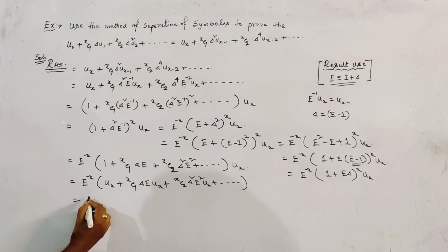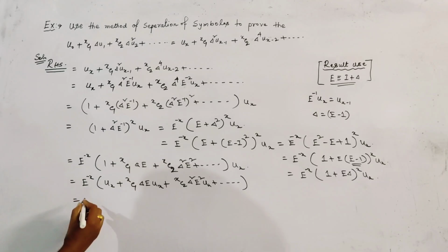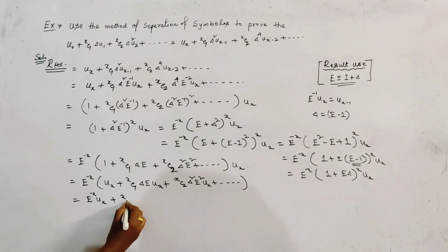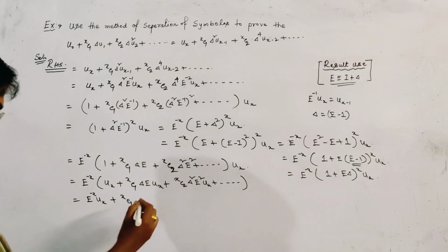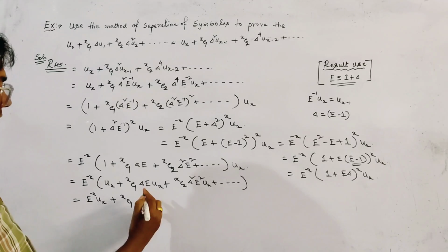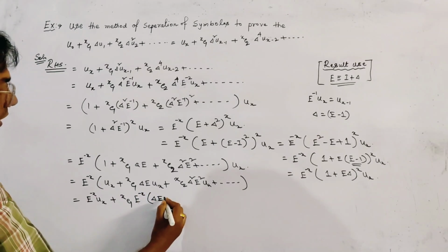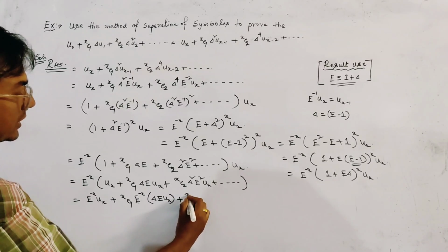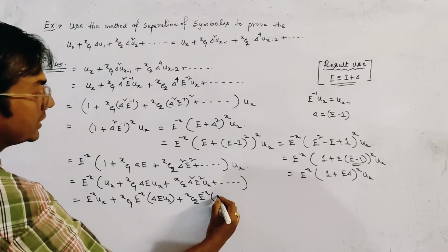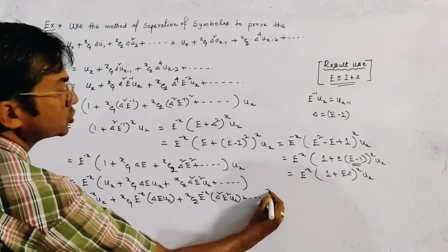And again we operate E^(-x): E^(-x) ux plus xC1 Δ E^(-x) E ux plus xC2 Δ² E^(-x) E² ux and so on.